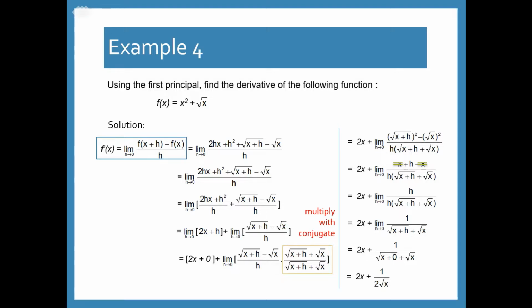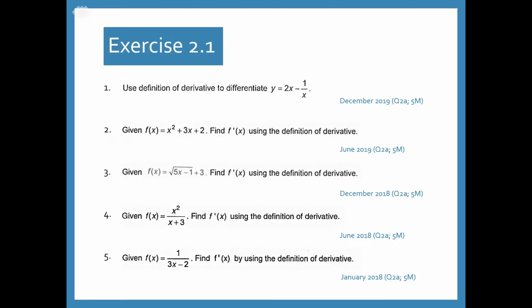However, for the limit of the radical function, you need to multiply both numerator and denominator by the conjugate of the numerator. Simplify the function and replace h with 0. You will obtain 1 over 2 square root x as the answer. Therefore, the derivative of f(x) is 2x plus 1 over 2 square root x. In order to check your understanding of this lesson, please do the following exercise.